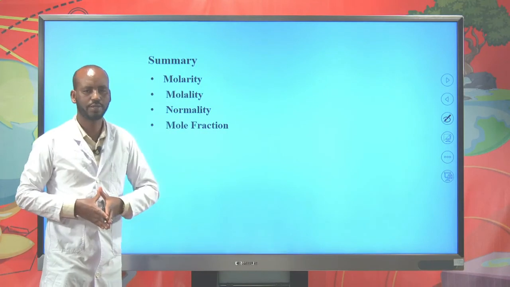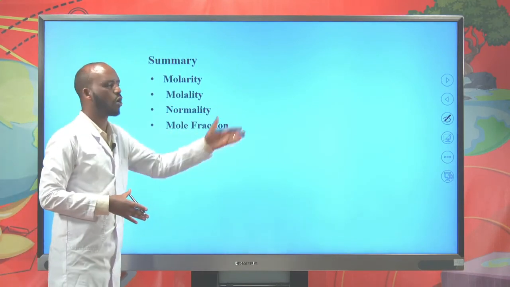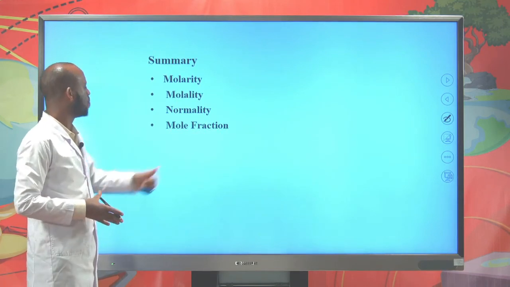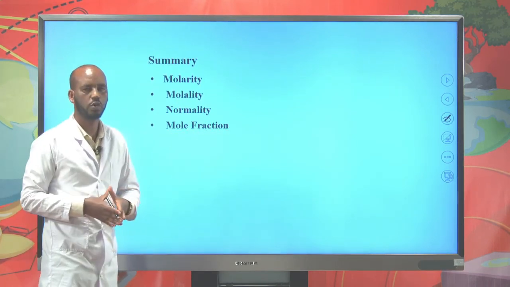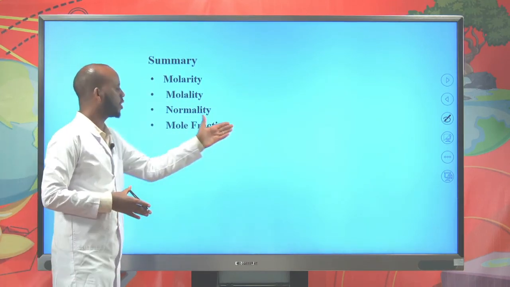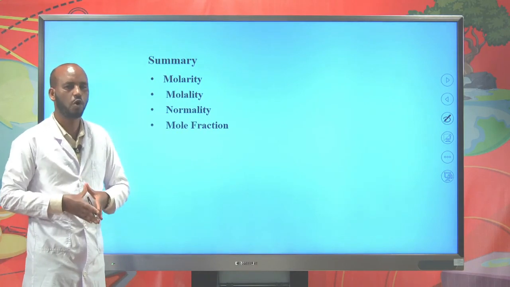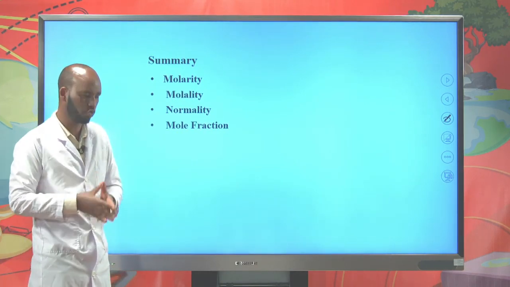Normality of the solution is number of equivalents of solute per liter of solution. Mole fraction of the solute is number of moles of solute divided by number of moles of solution. Mole fraction of the solvent is number of moles of solvent divided by number of moles of solution.